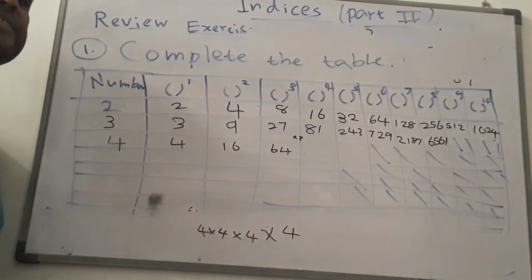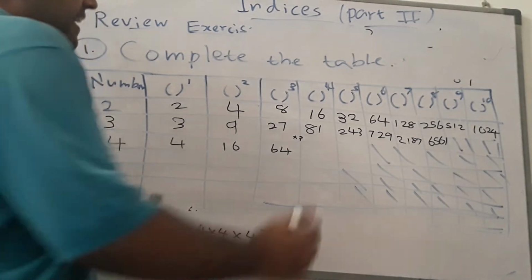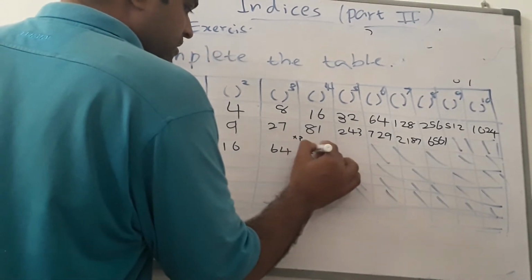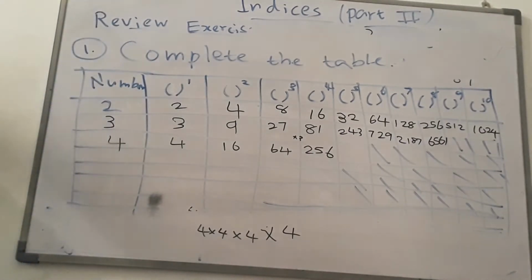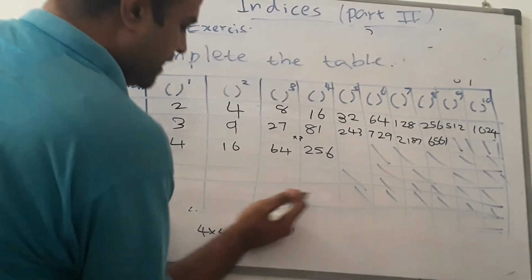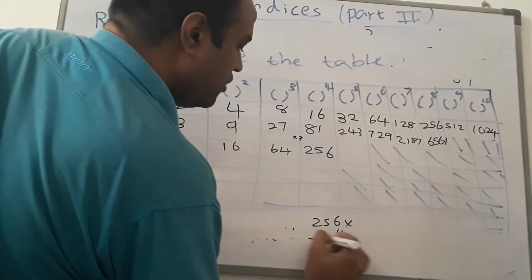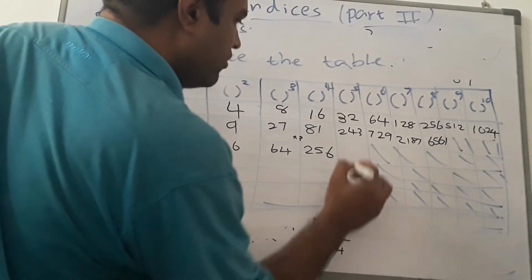I think it is 256. Not think, I know that it is 256. To find 4 to the power 5, we have to multiply 256 by 4. So it will be 1024.